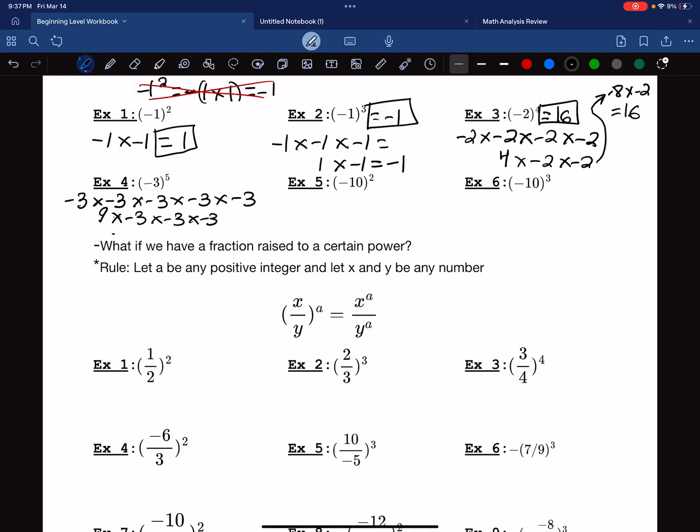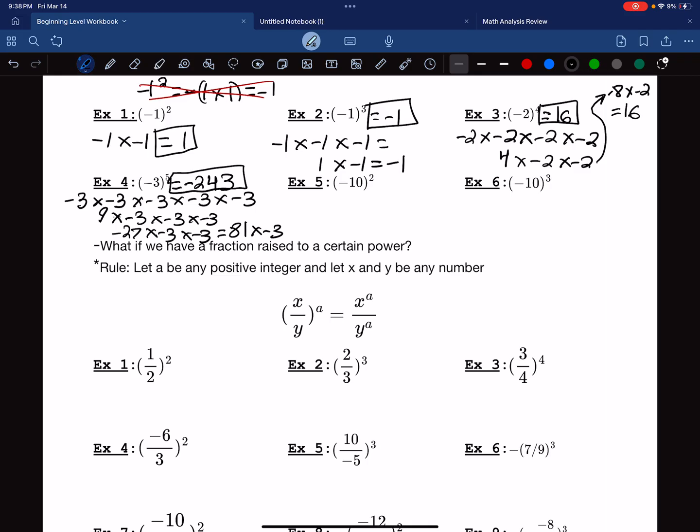And then we're going to have times negative 3 times negative 3. Negative 27 times negative 3 is going to be positive 81. And then we're going to have times negative 3. And 81 times negative 3 is going to be our final answer. And that is negative 243.